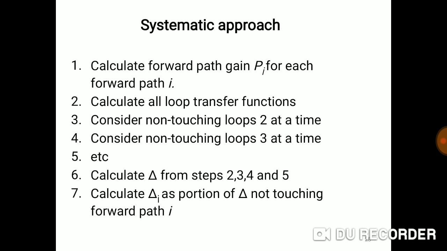Then calculate delta, then calculate delta I for the forward path I. In this way, follow a systematic approach. Once we follow all the steps, we will get the correct transfer function for the given signal flow graph. We will solve some examples on that.